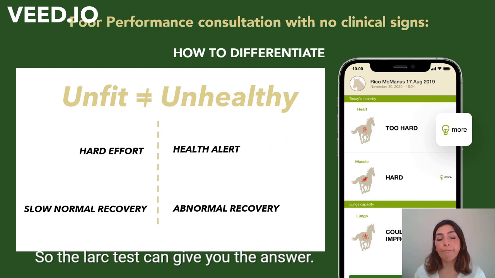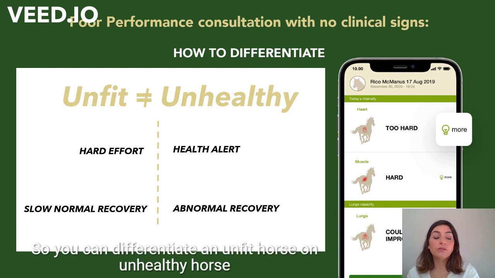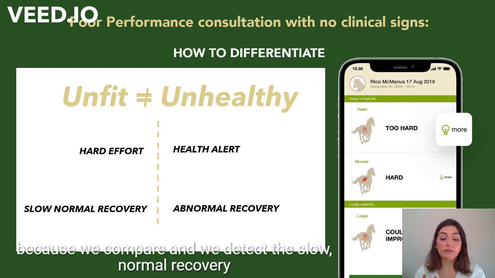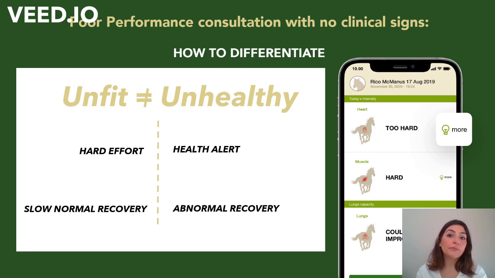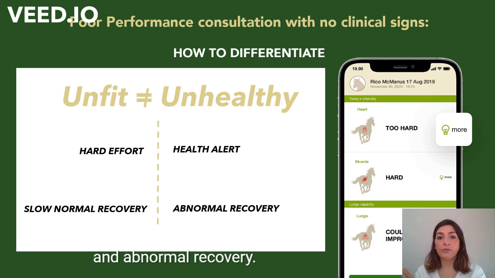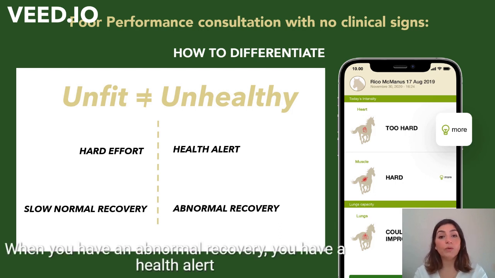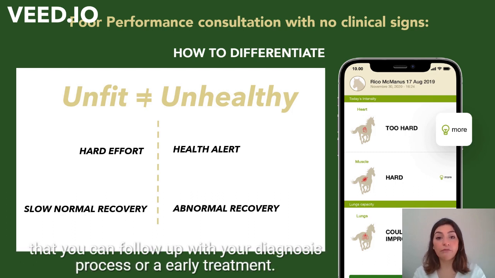So the LARC test can give you the answer, so you can differentiate an unfit horse from an unhealthy horse, because we compare and we detect slow, normal and abnormal recovery. When you have an abnormal recovery, you have a health alert that you can follow up with your diagnosis process or early treatment.